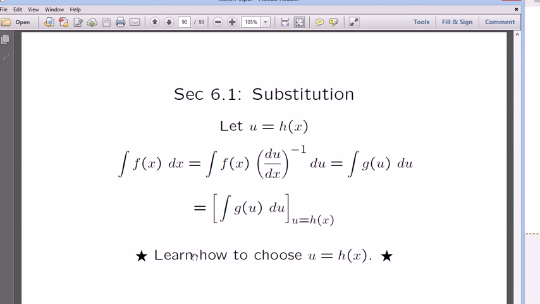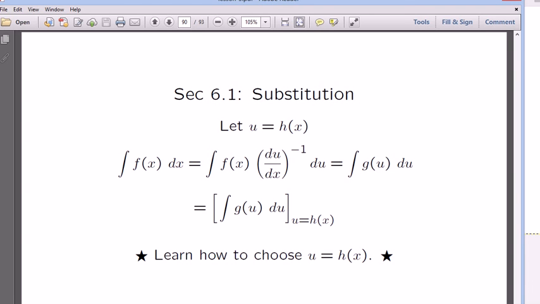Make sense? I have to go through the example. So you will soon get used to this mechanics, as right now it is a lot, but after you do a couple of problems, you will soon get used to this. The key thing is not this mechanical part, it's actually you learning what is a good choice of h(x).